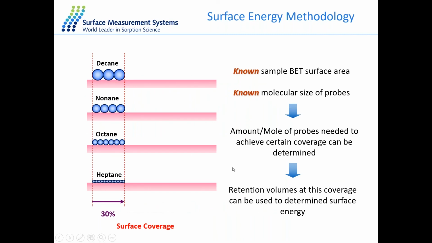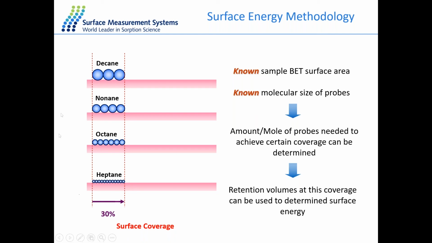Prior to the surface energy experiment, we first need to know a few different things. The first of which is the BET surface area of your sample. Like I mentioned, we can calculate this using IGC SEA, and I'll go through this in the case studies. However, if you do have this value at hand from other third-party instruments or volumetric instruments, then that could also be used. We also need to understand the molecular size of the probes.